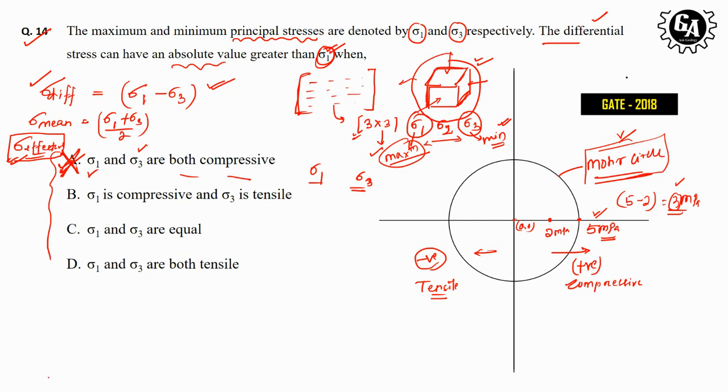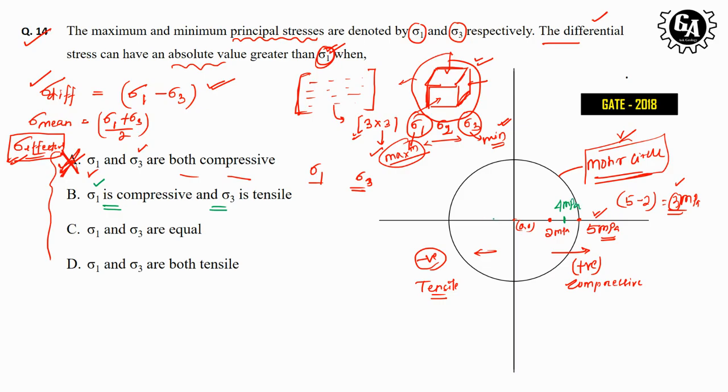Let us go to the second case, where sigma 1 is compressive and sigma 3 is tensile. Sigma 1 is compressive, so it will have a positive value. Let it be 4 MPa.